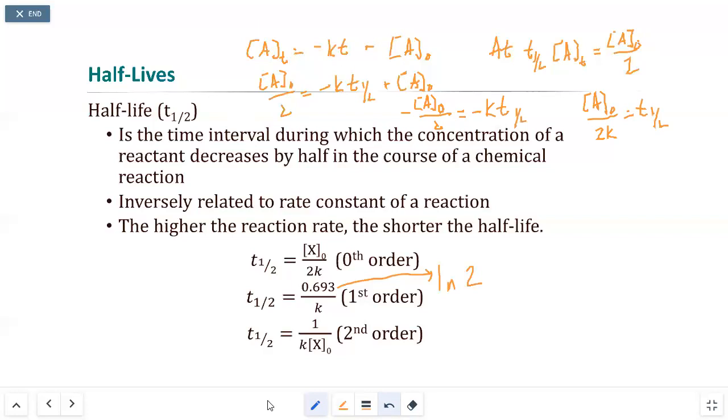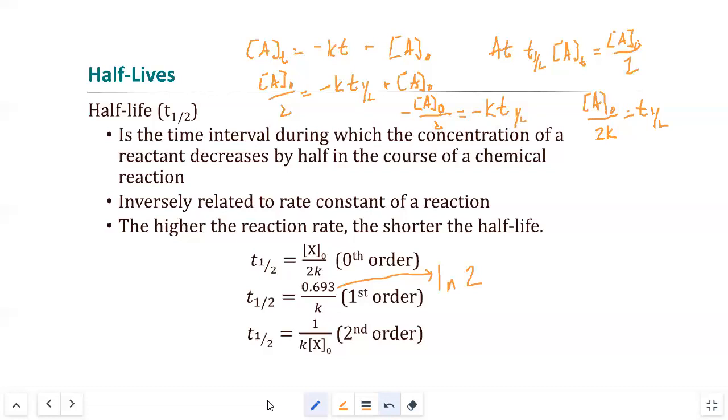You can use that logic for any of these. Substitute A0 over 2 for At, manipulate the slope-intercept form accordingly, and you'll get natural log of 2 over K for first order, and 1 over K times the initial concentration for second order.